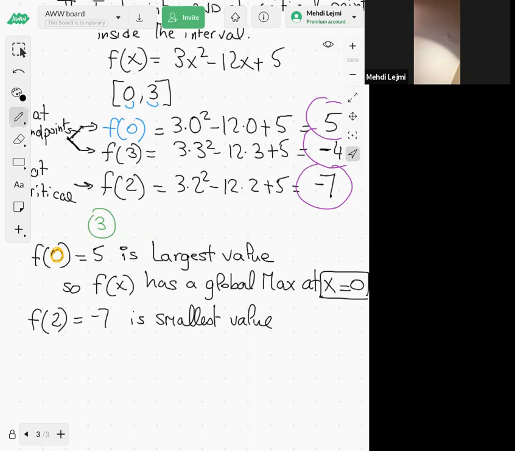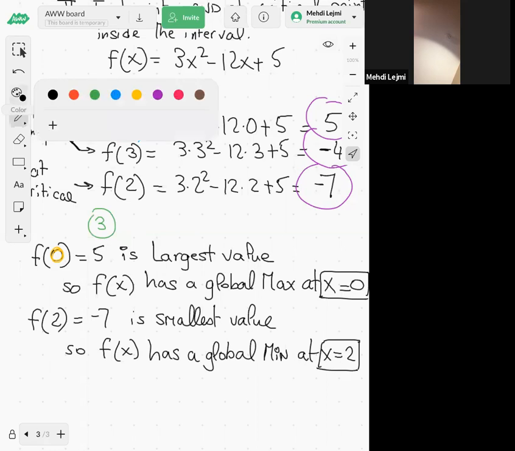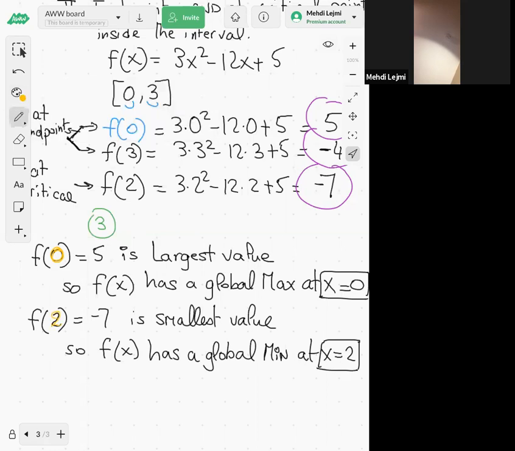So then f of x has a global minimum at x equal to positive 2. And that's my global minimum. So it's at x equal to 2. All right.